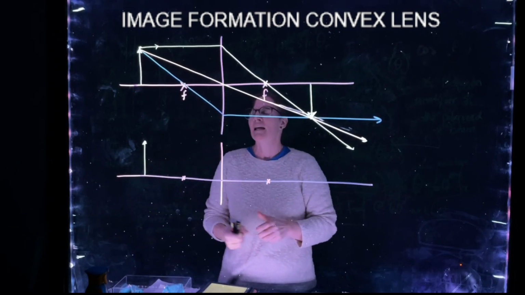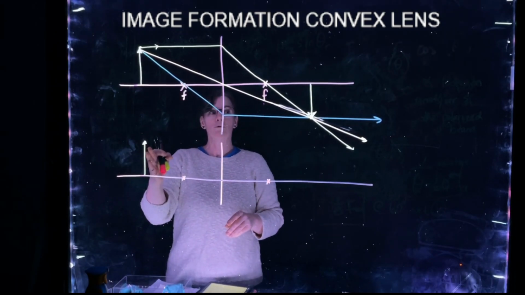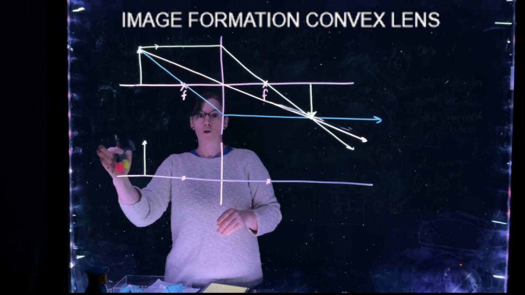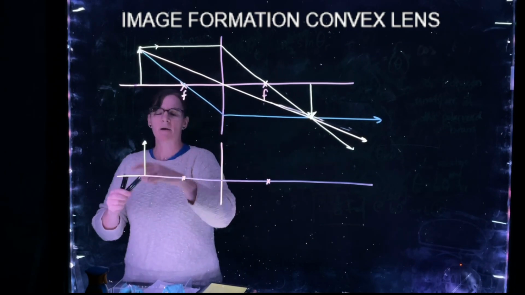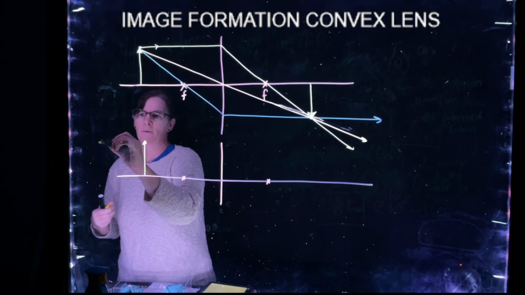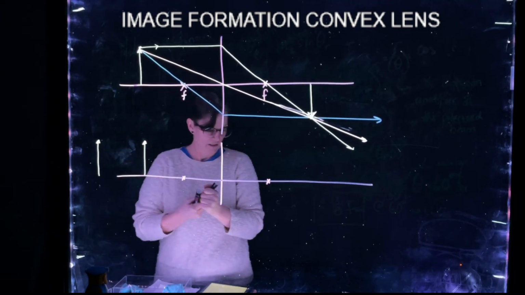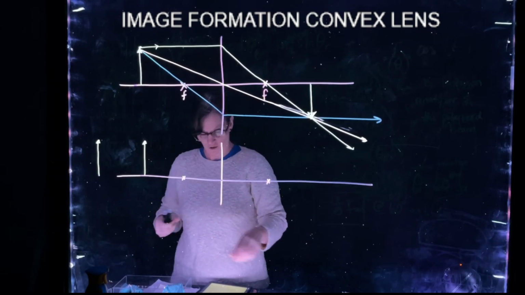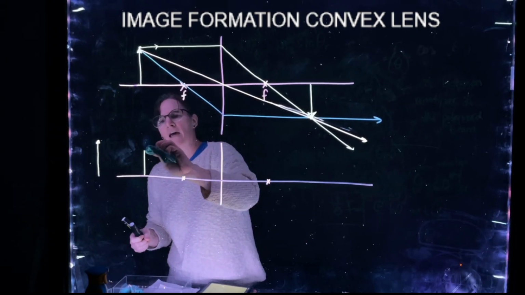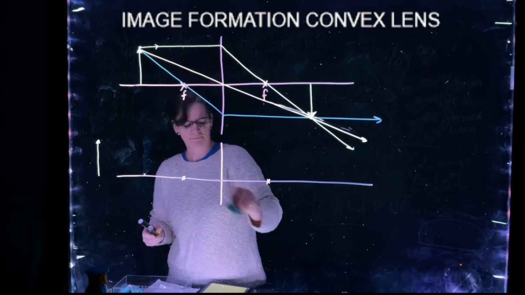All right. If instead I were to move my object further away, so I'm going to take the same height object and just move it further away. Okay? So here's my new object location, and I can erase that original object.